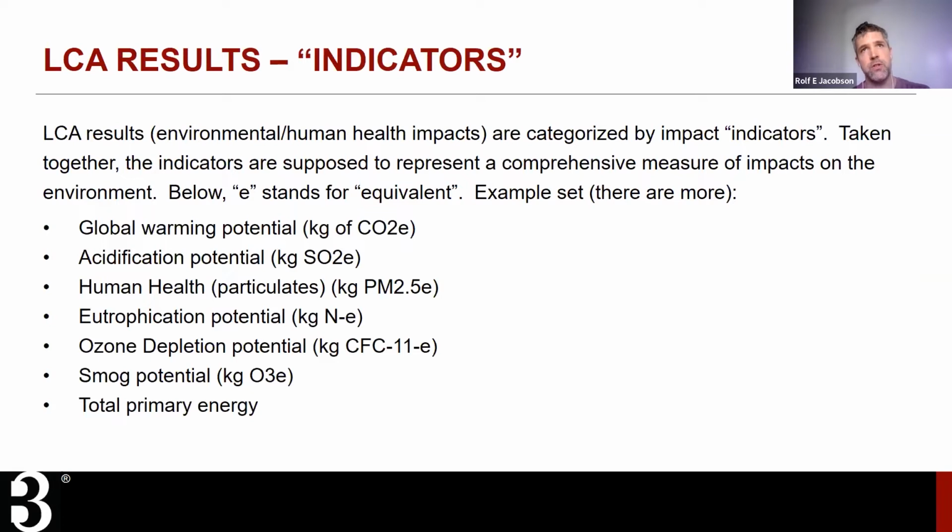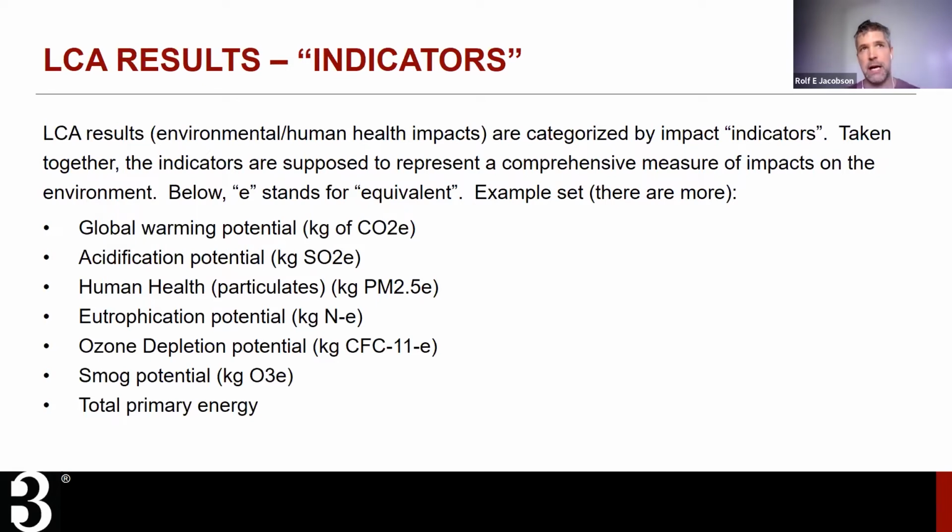The reason why we use those indicator molecules, I should say, you can imagine if we're trying to compare the impacts of, let's say, an elevator door to a piece of drywall. The production and use of those products is going to result in vastly different collections of chemical emissions and resources.